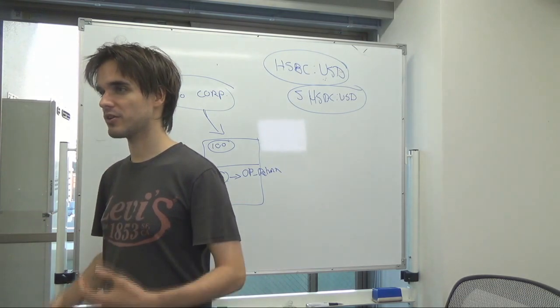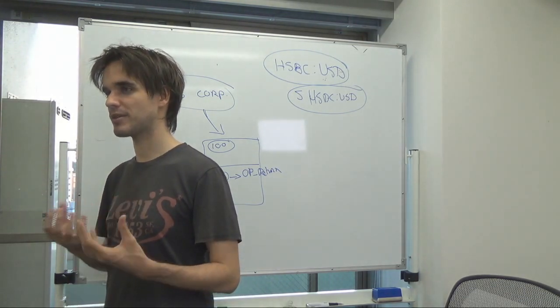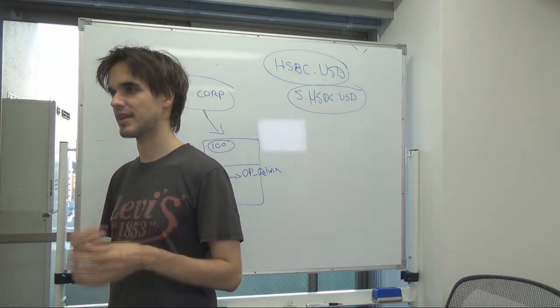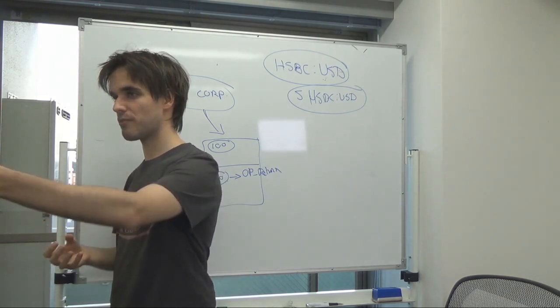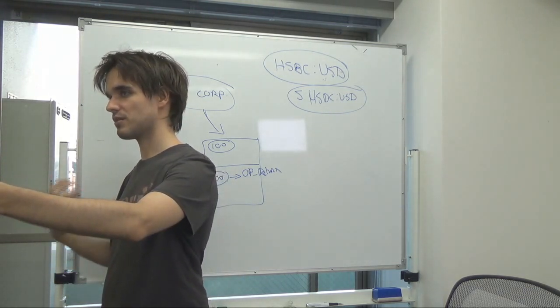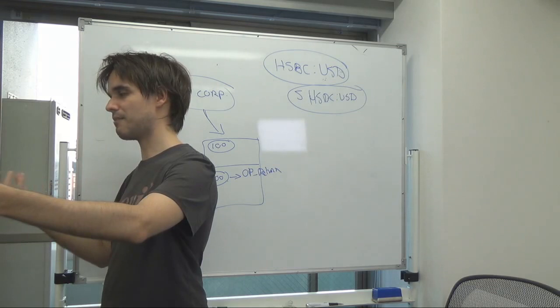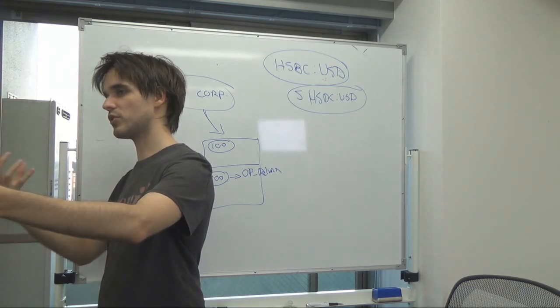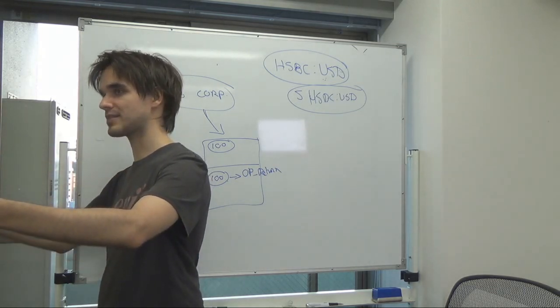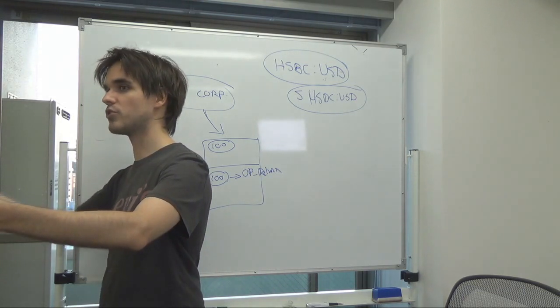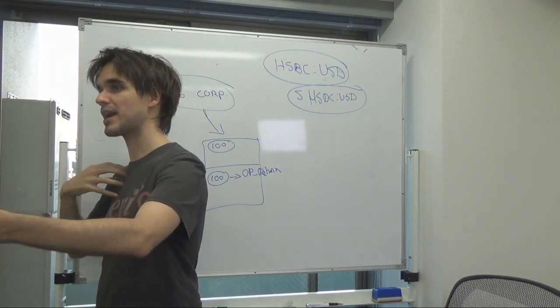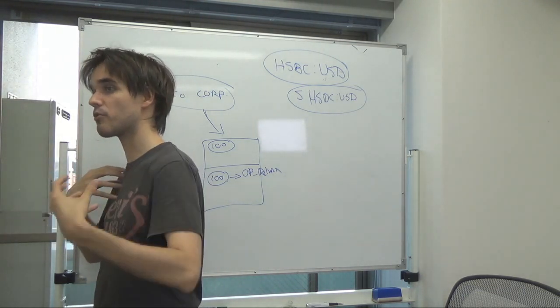Because right now, what happens in the current banking system is that you have your bank, I have my bank, but behind the scenes, the euro I own in my bank is not real euro. It's euro emitted by my bank, and you have euro emitted by your bank.